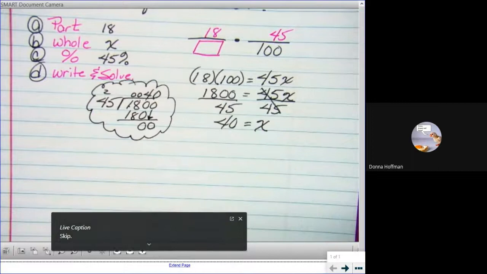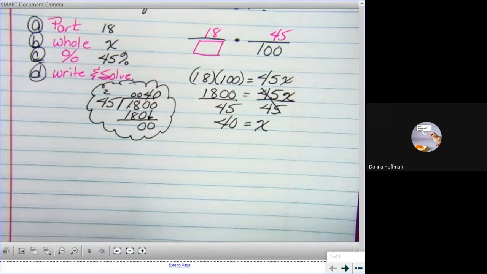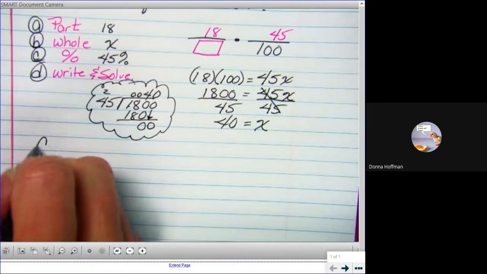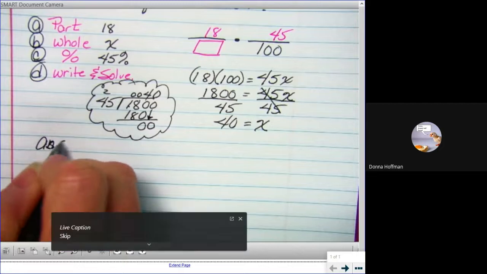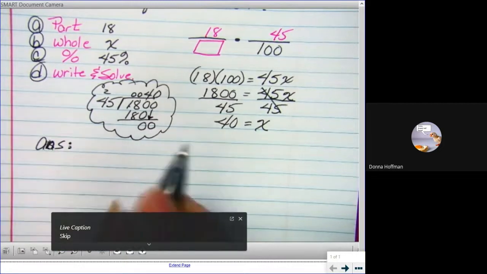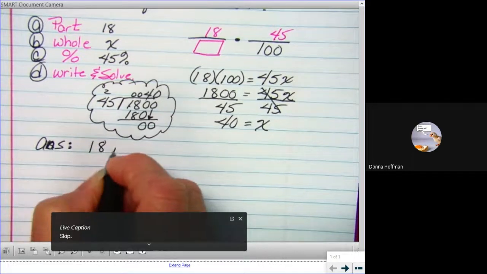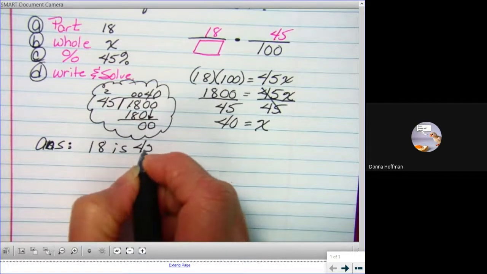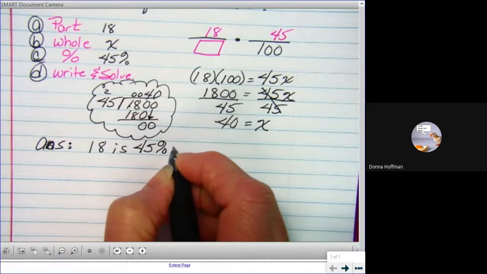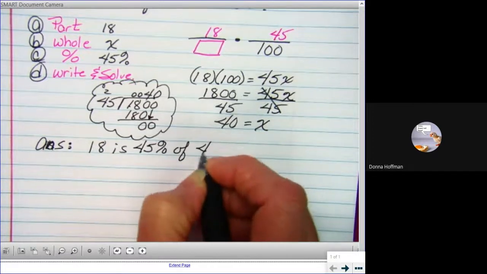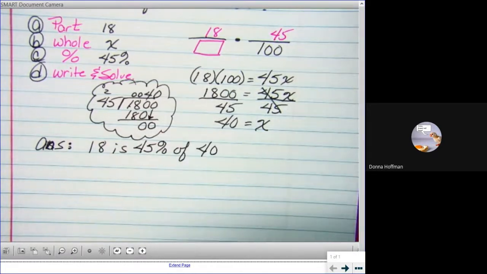That's my work cloud. ANS, answer. So 18 is 45% of 40.